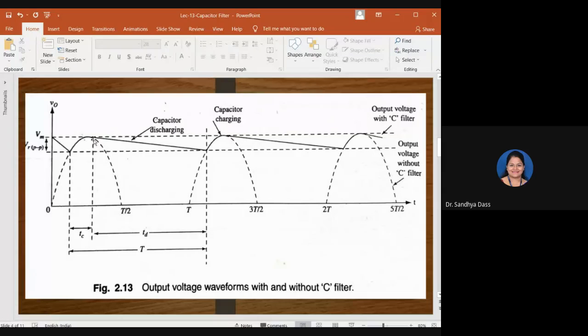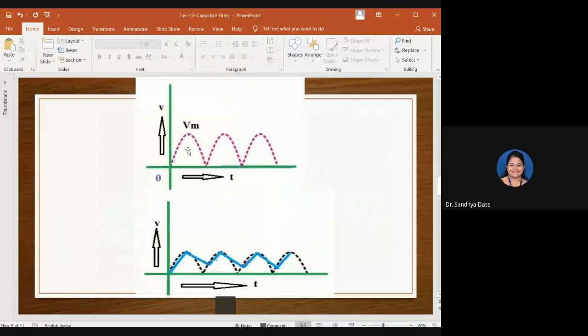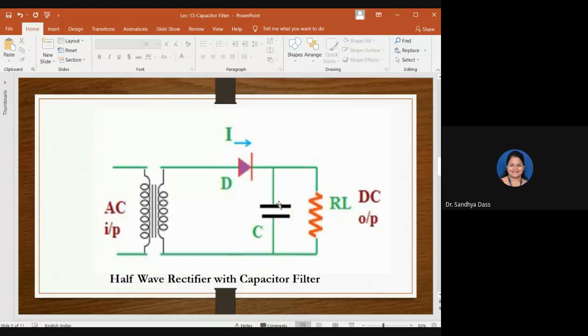Now observe the output from the diode here. As the input slowly reduces from the maximum value, the capacitor is already charged to the maximum value Vm.